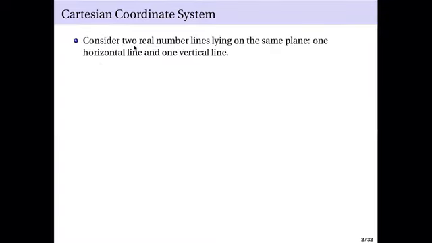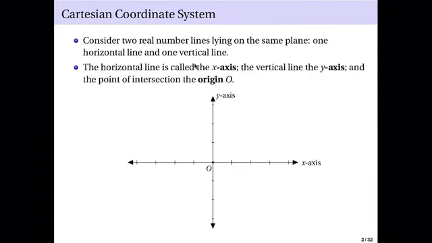So what is this Cartesian coordinate system? Let us consider two real number lines lying on the same plane, one horizontal and one vertical. The horizontal line, this line here, we will call it the x-axis. And the vertical line, this line here, we will call it the y-axis. Of course, being horizontal and vertical, they will definitely intersect.